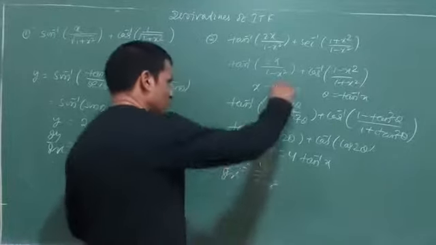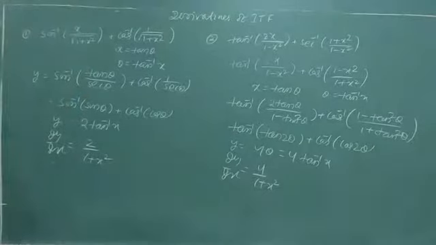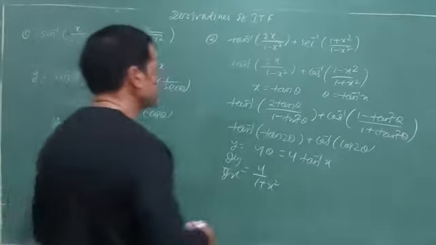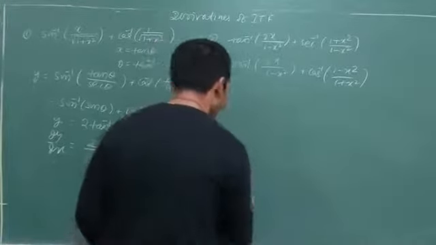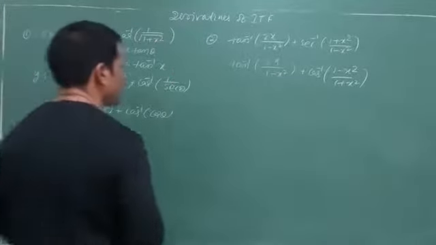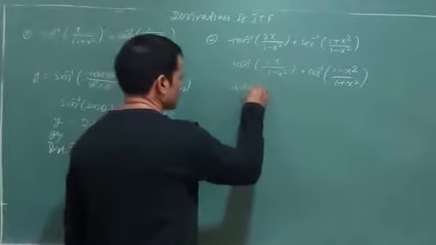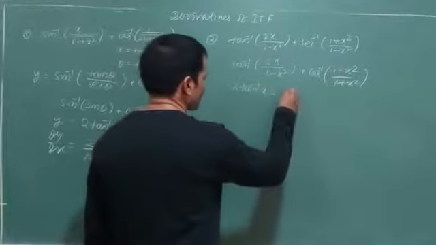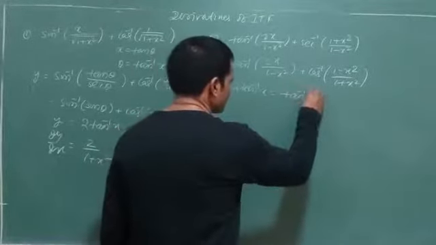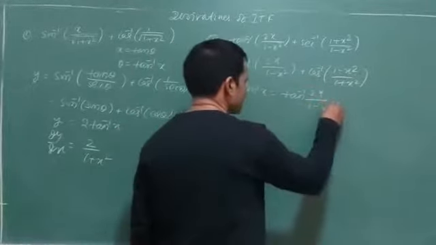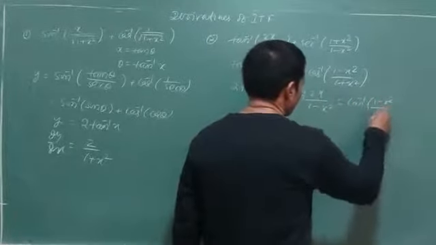Suppose one child has done it by this method, quite good, no problem. Maybe others will apply a shortcut here. What is that shortcut? Let me tell you. They write down the formula: 2 tan inverse x is equal to tan inverse 2x by 1 minus x square, and also equal to cos inverse 1 minus x square by 1 plus x square.